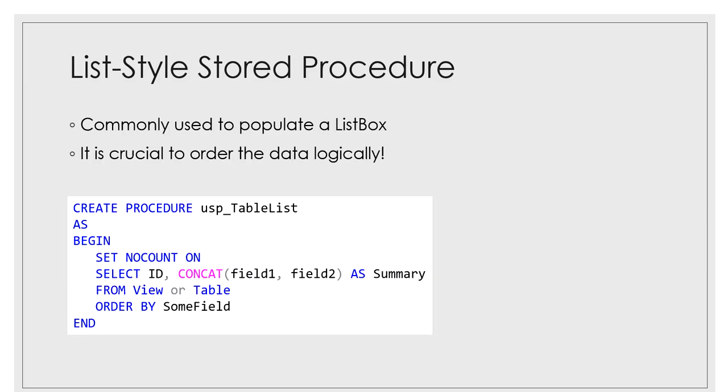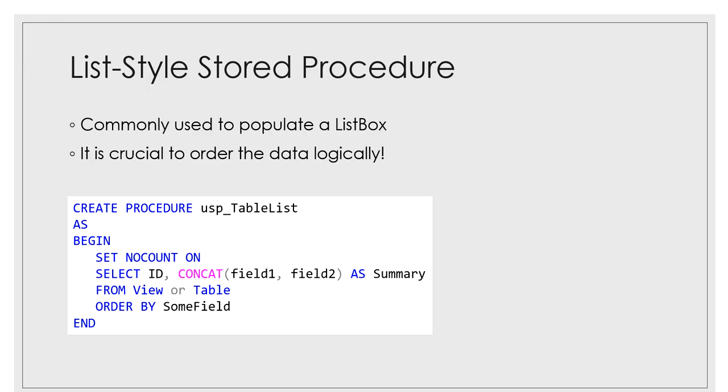Just to quickly look at an actual recipe for the list style stored procedure: again, it just returns data. There are no parameters needed. So we set no count to on. We're getting data, we don't need that message as well. Selecting the ID, and usually just something else. We'll often concatenate a few things together, not necessarily. It might just be one of the columns or fields of the table tells us everything we need to know to show.